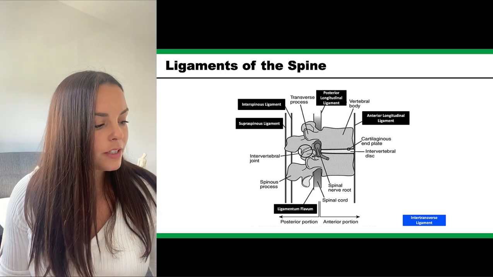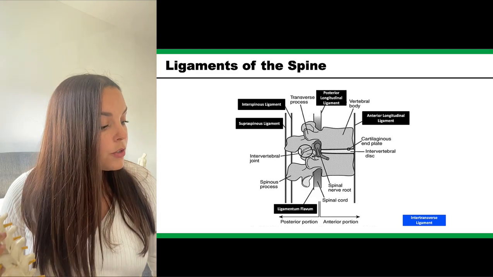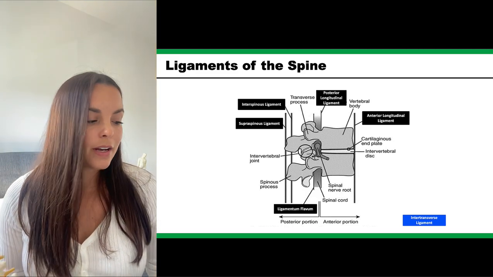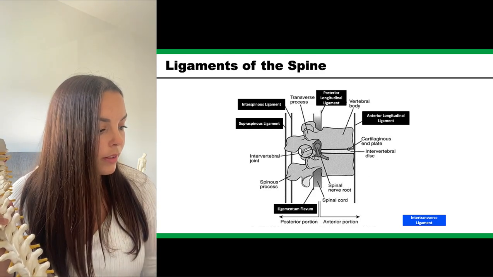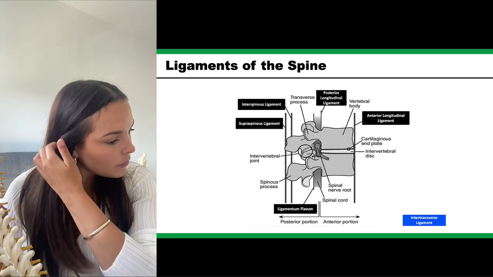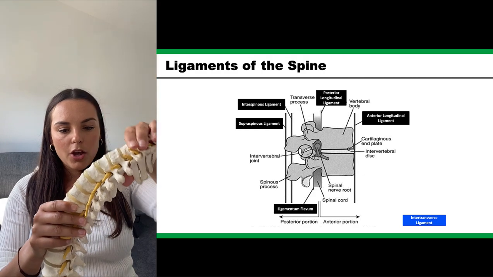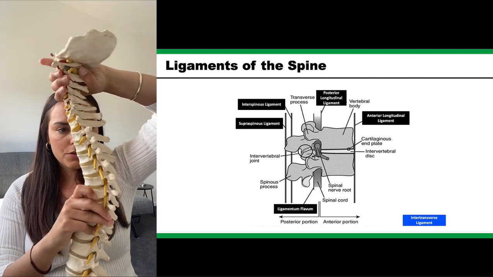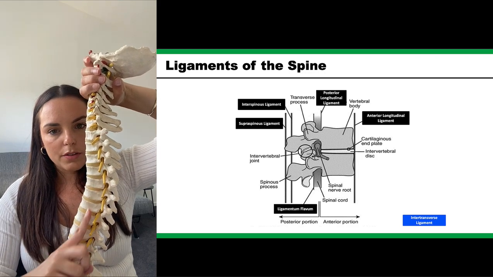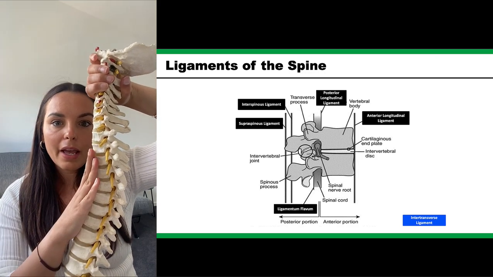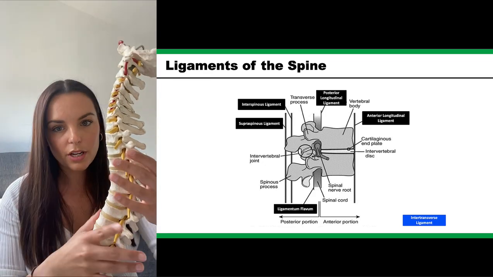So in the next little activity, you're asked to talk about which ligaments bear the greatest strain during the different motions of the trunk. So in hyperextension, if we extend the spine back, we know it's going to be a ligament that's running in front of that center point of the bodies of the vertebrae, so it's going to be the anterior longitudinal ligament which bears the greatest strain during that motion.